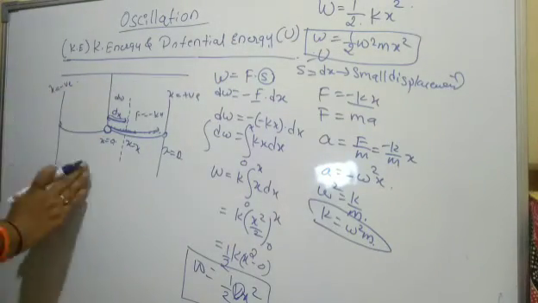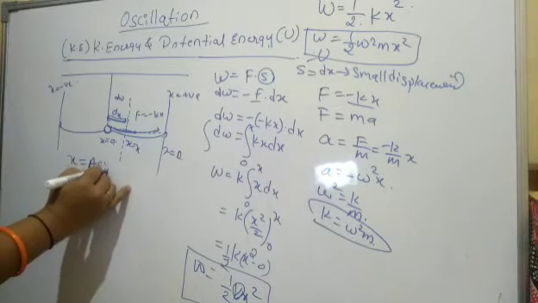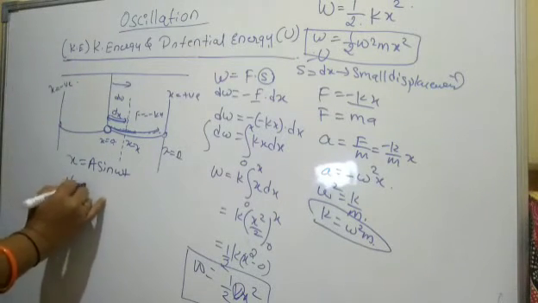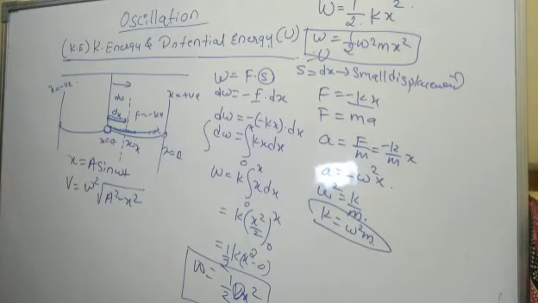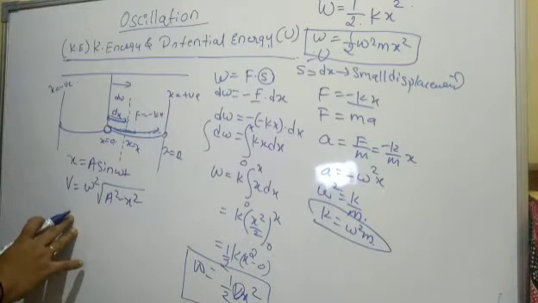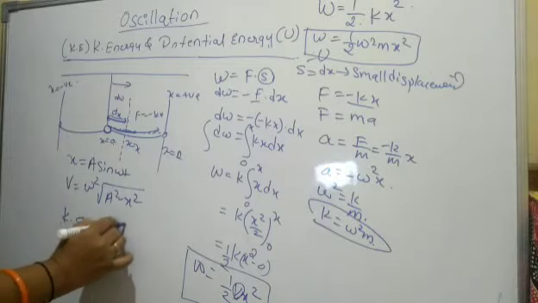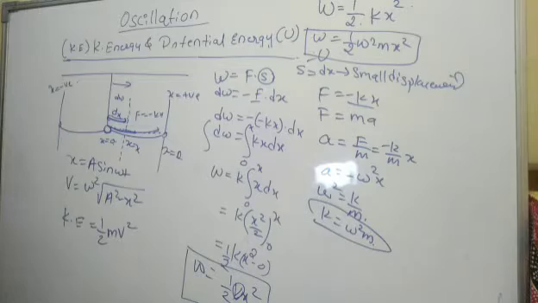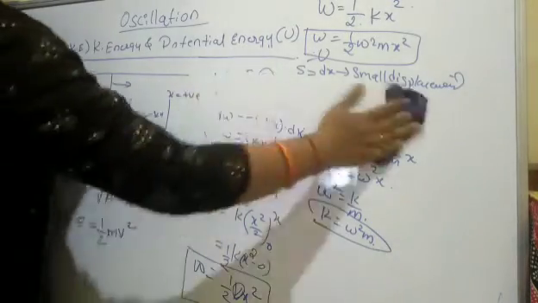Now we have the displacement general equation as x is equal to a sine omega t. It is moving from the mean position. We have a velocity that is omega times the square root of a square minus x square. We have a kinetic energy. What is that? Kinetic energy is 1 by 2 m v square. Just substitute the v value in this kinetic energy. So what are we getting? I think I'll just erase this one.